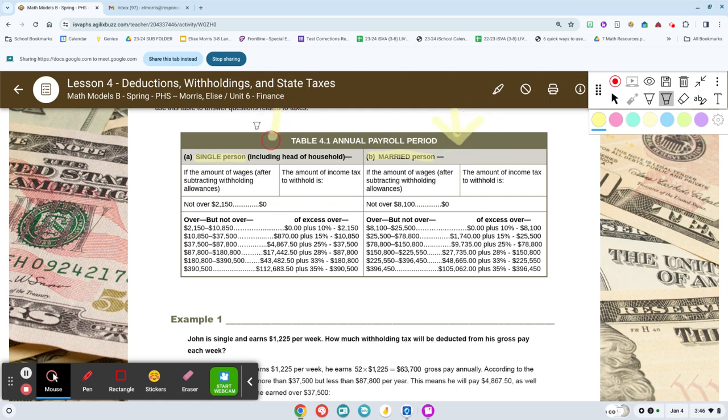For this particular problem with John, he is single, so we do not care about this part of the table at all. He's single, he earns $12.25 per week. Notice it mentioned gross pay. This is a review. Let me pull up the calculator.